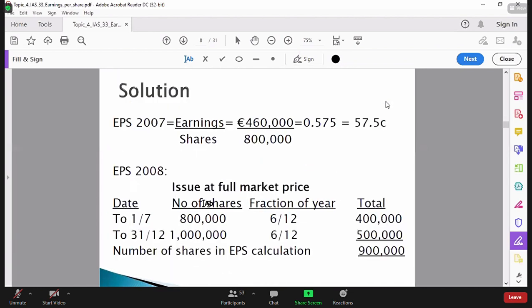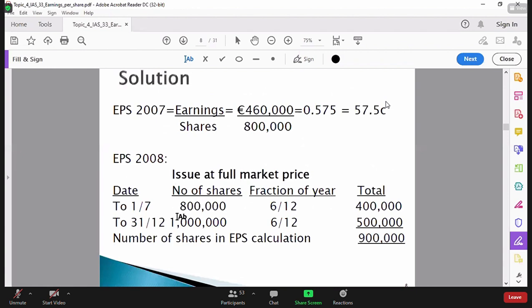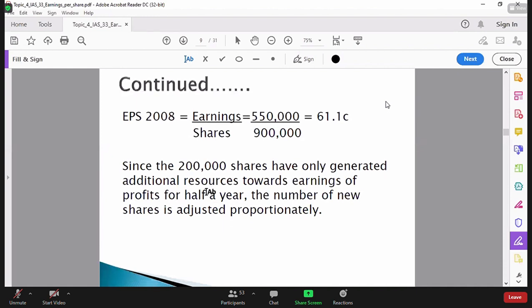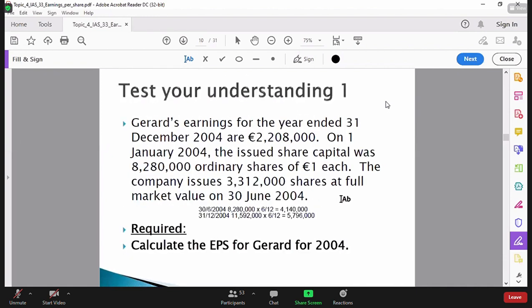But for the question we tried, dia tak bagi tahu directly how much is the number of shares at the end of the year, but they told us that the company issued another 3312 shares at full market value on 30th June 2004. So this is what you will do. So you have to read the question carefully.